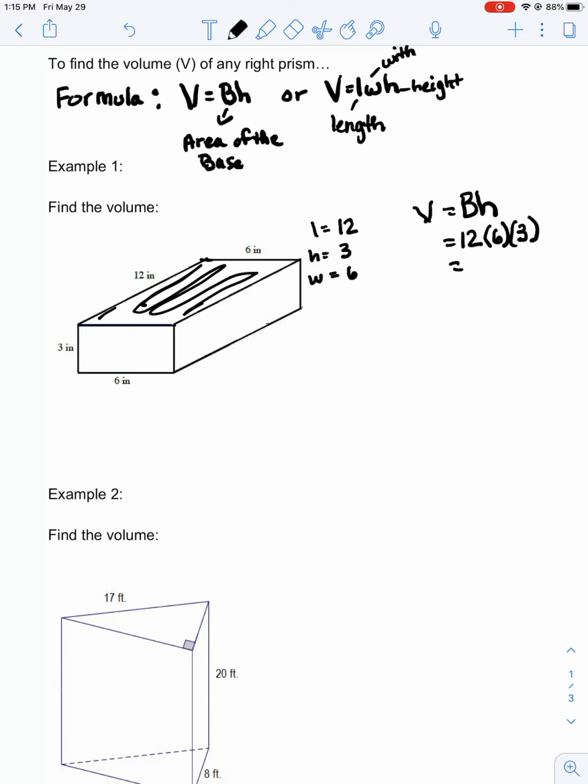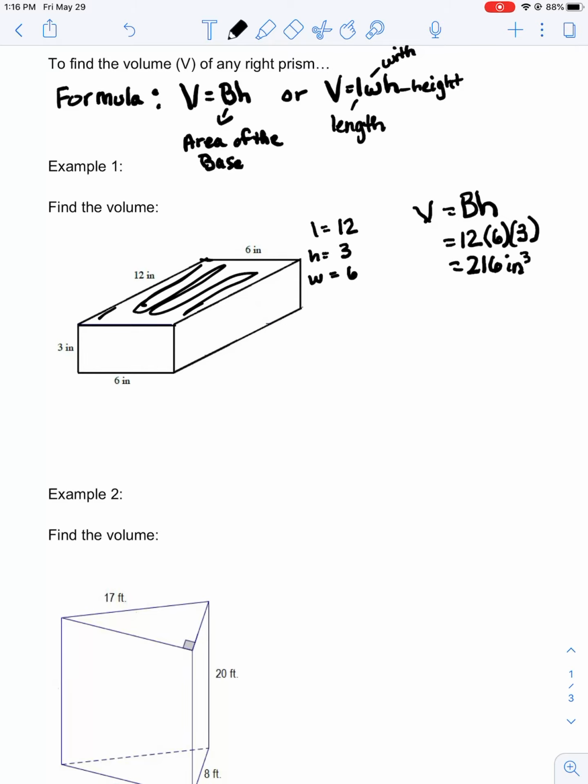And because it's all one operation, we can multiply it all at once. So we've got the 12 times 6 times 3. So that is 216. Our label is inches. And because it is volume, it's cubed.